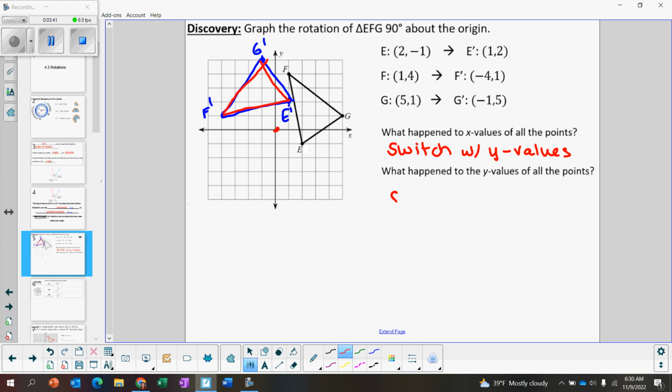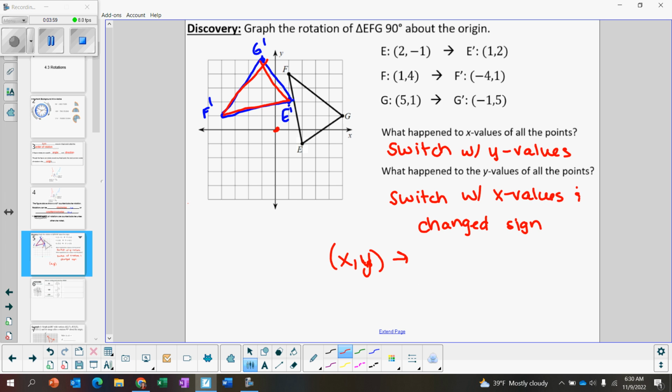So not only did they switch with the x's, but they also changed sign. So what that would look like is every point that started as (x, y) switched places, and then the first spot changed its sign.